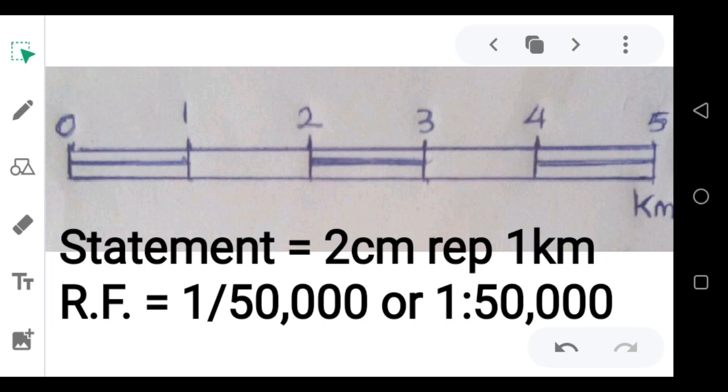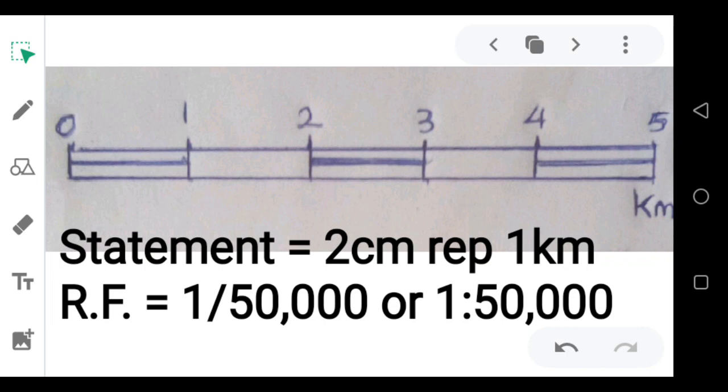All you need to do is take your ruler, place it between 0 and 1, and read it off. Anything you get in centimeter is the same thing as 1 kilometer. So put your ruler and measure. When you do that, you find out that it is 2 centimeters represent 1 kilometer.